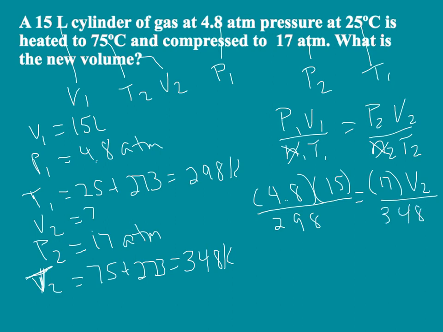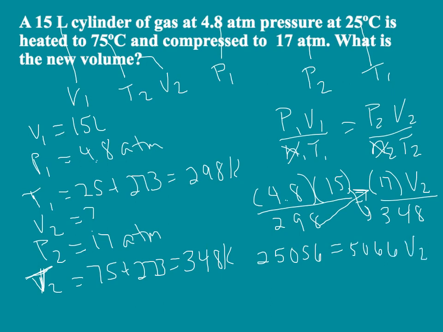Okay, sometimes students find this one a little bit more difficult to solve, but what we're going to do is just again cross multiply. So we're going to take this times the 348, so we're going to multiply all 3 together. So in my calculator, I'm going to say 4.8 times 15 times 348, and that comes out to be 25,056 equals, cross multiply the other way, 298 times 17, which is 5,066 times V2.